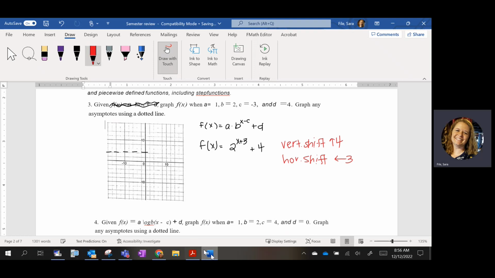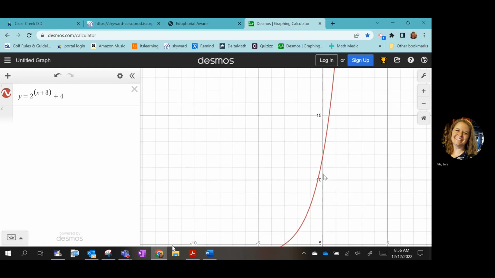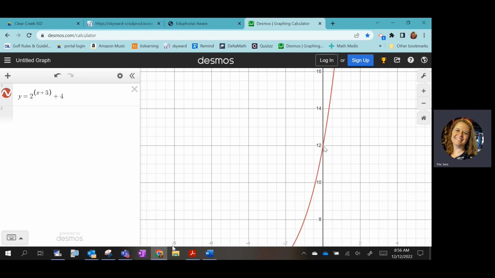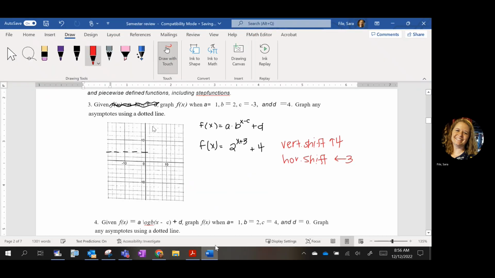Okay, and then I can see on my graph that my y-intercept is at 12. So that would be here. And so then I could sketch that curve. This shifted up 4 and left 3.